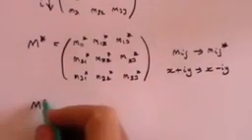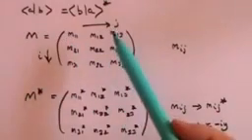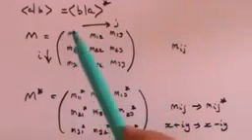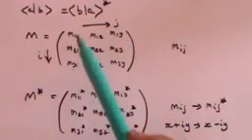Now I'm going to introduce you to the transpose of the matrix. All you do here is interchange rows and columns. The diagonals stay the same, but the matrix essentially flips over. So the rows become columns and the columns become rows.